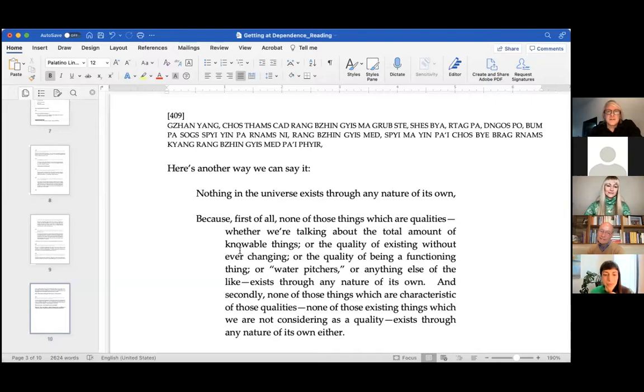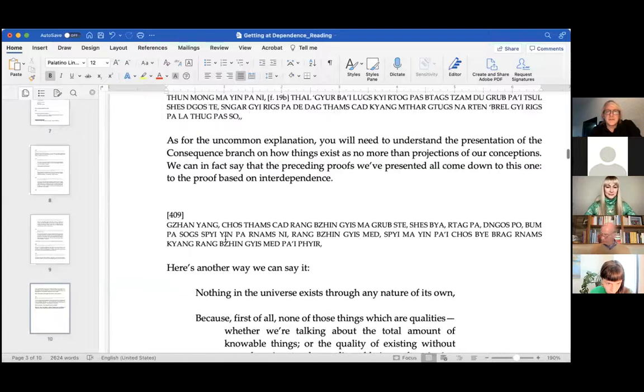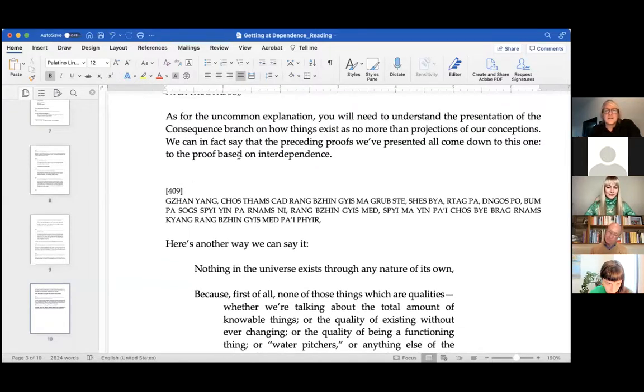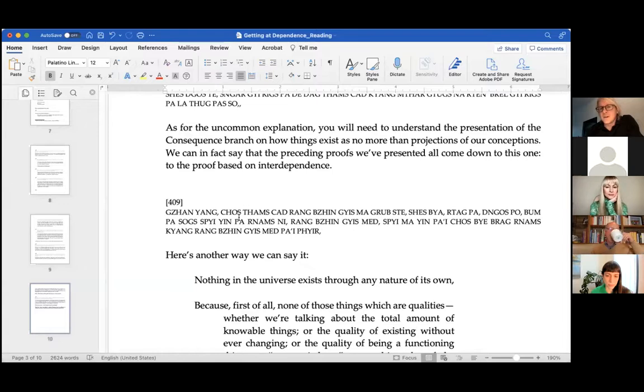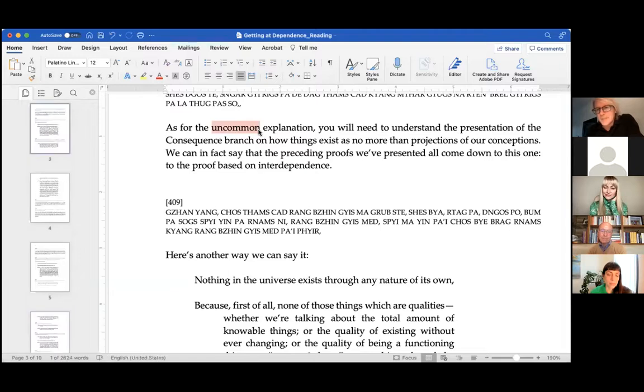Alrighty. So here it is. It's cool in this text that Choni Lama says there's two ways to understand dependence, interdependence. And he calls it the common and uncommon way, which is very curious in my humble opinion. So we're going to talk about the uncommon way, okay?